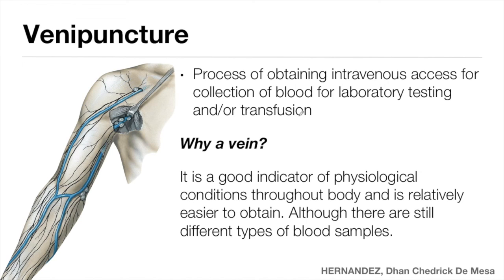Because you see the vein is a good indicator of physiological conditions throughout the body and is relatively easier to obtain. Diba? Vein delivers the deoxygenated blood. So, all wastes ay naka-display dyan for sure. And on the other hand, mas madali siyang kuhanan ng dugo.